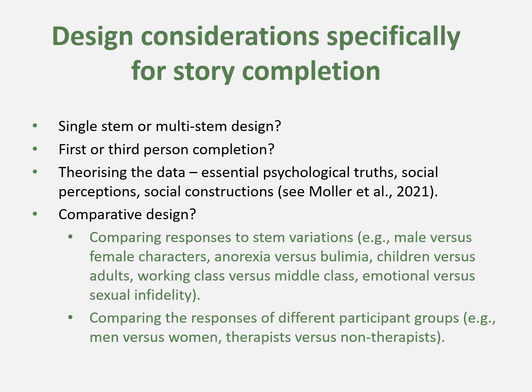But there's also some interesting research comparing the responses of therapists versus non-therapists. So there's lots of possibilities for comparative design in story completion, which is quite unusual in qualitative methods. Qualitative methods doesn't really provide a framework for comparative design, but because you're giving people something that's identical and you're doing it within a very particular framework, this is a possibility with story completion.